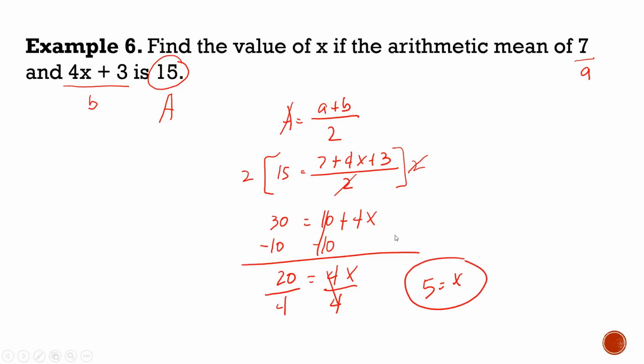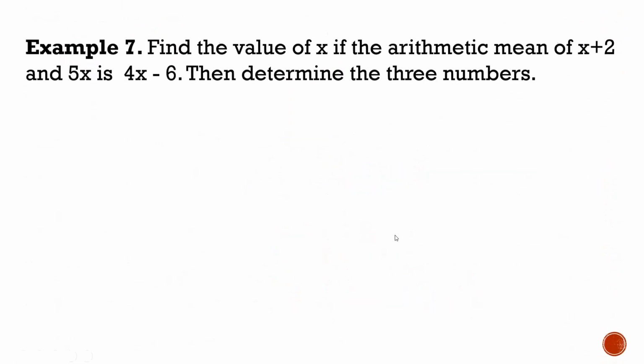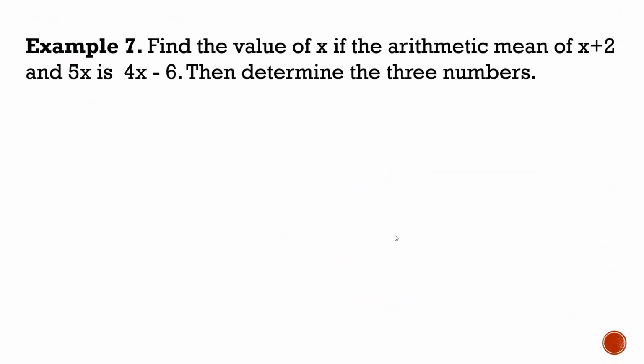Okay? Now let's go to the last example. Find the value of x if the arithmetic mean of x plus 2 and 5x is 4x minus 6. Then determine the three numbers. So here, we need to find x and we need to find those three numbers. Similar formula for this one in number 6. So that's a equals a plus b over 2.